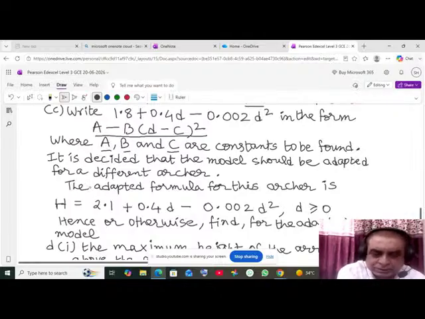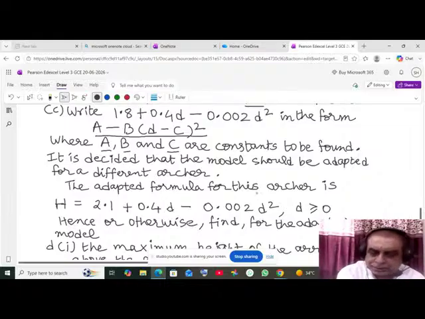Now we are moving to part D. It is decided that the model should be adapted for a different archer. Now, the same model, we are adapting it for another archer.